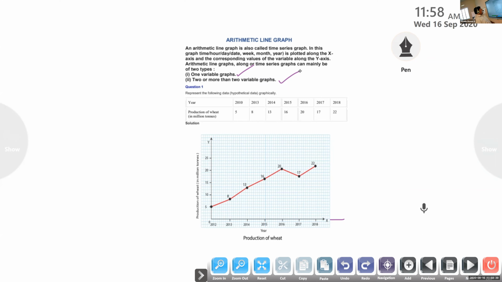We know that time-related detail is found on the x-axis and the other variable on the y-axis.